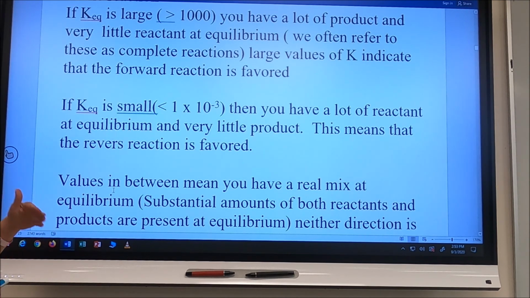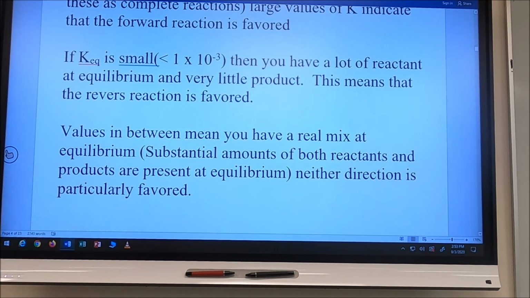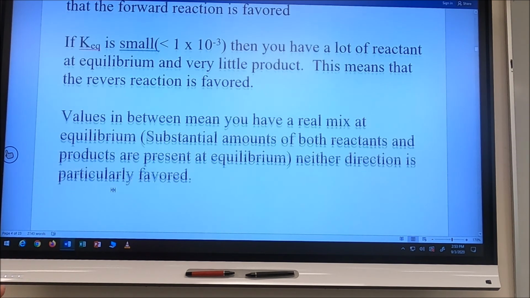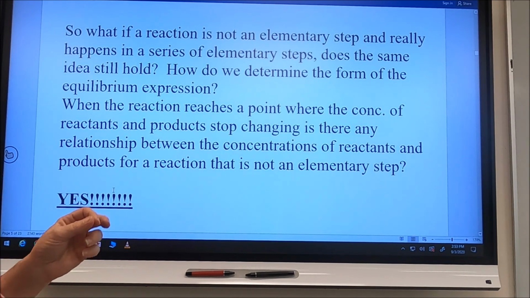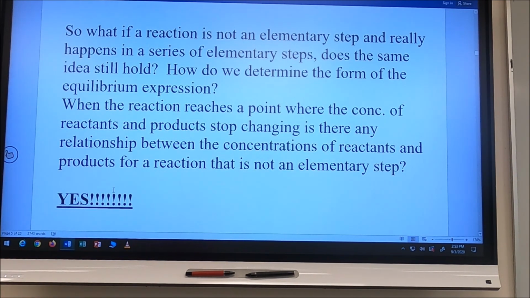Okay? Values in between those two extremes means that we have a real soup at equilibrium. Reasonable amounts of reactant and product, and neither direction is that favored. Okay, so you got a real mix. Now, what we've looked at so far has been an elementary step. And we know elementary steps are fairly easy to deal with.